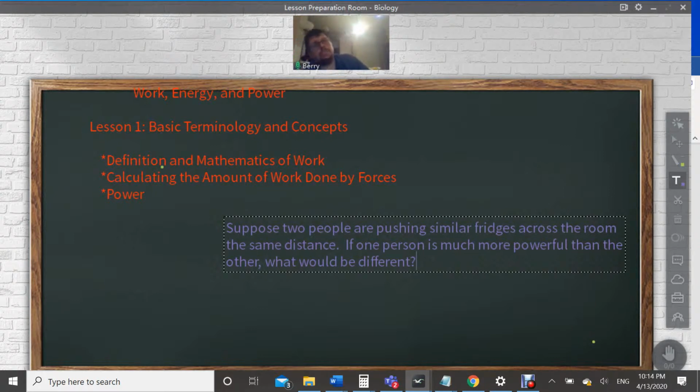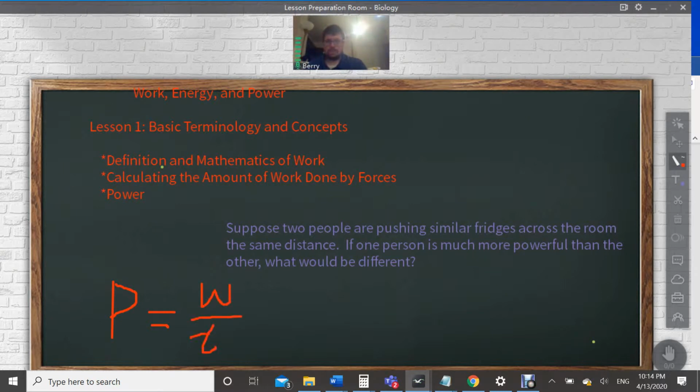What can we think of when we think of the equation? Well, we can say power is equal to work over time. It's a rate. Remember, this is the rate at which work is being done. That is the basic idea of power.